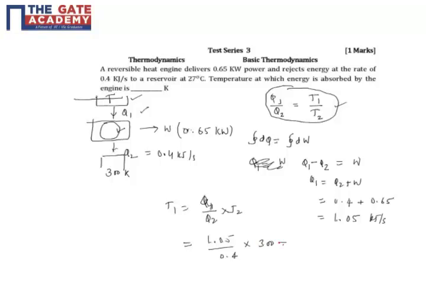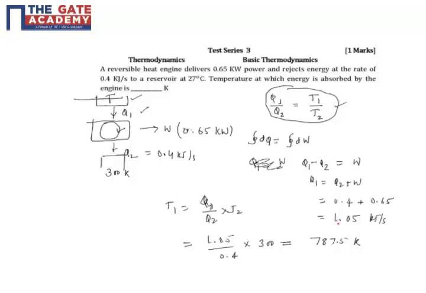Now you just have to use the calculator: 300 into 1.05 by 0.4, and you get 787.5. Remember, this is 787.5 Kelvin, and it is asked in Kelvin only.